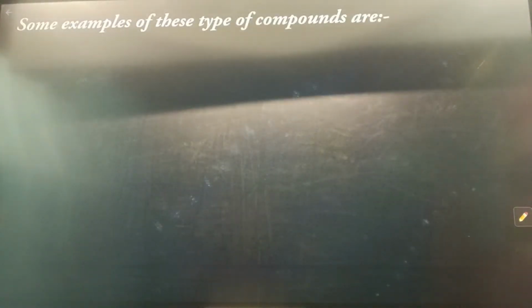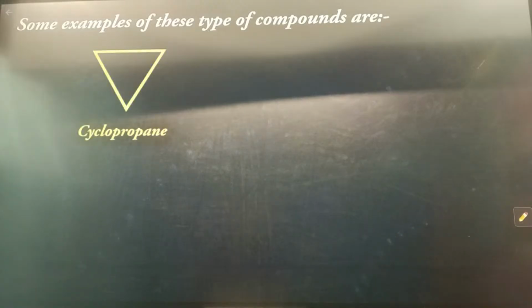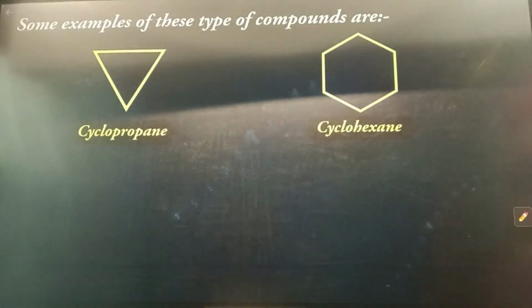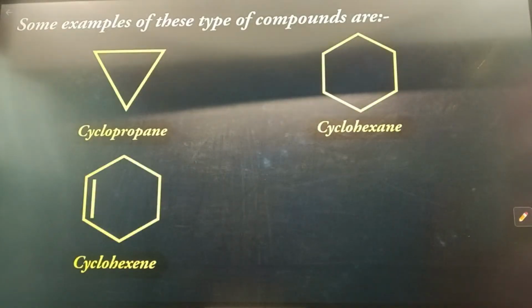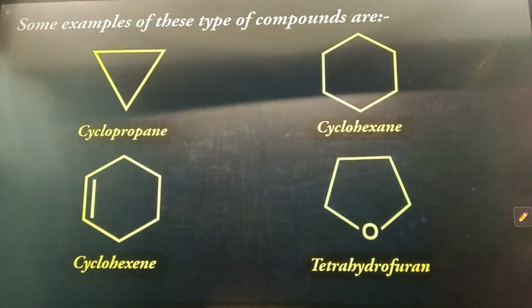Some examples of these types of compounds are cyclopropane, cyclohexane, cyclohexene, and tetrahydrofuran. These exhibit some of the properties similar to those of aliphatic compounds.